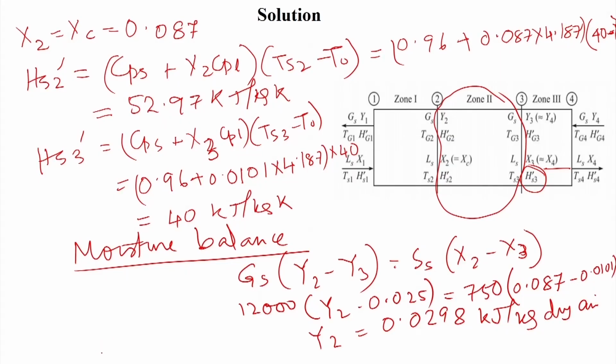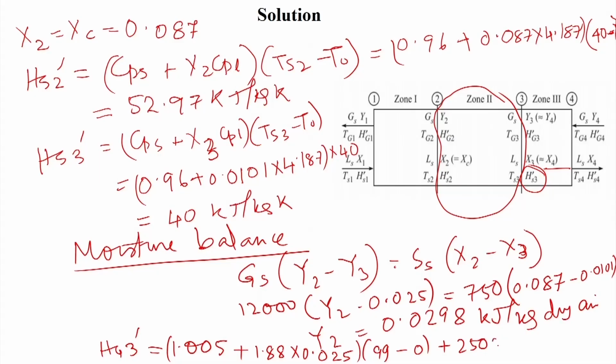And now we can calculate this Hg3 prime, just by putting this value, we will be getting 1.005 plus 1.88 into this Y3, that is 0.025, into 99 minus 0, that is Y3, that is minus 0, plus 2500 into Y3, 0.025.